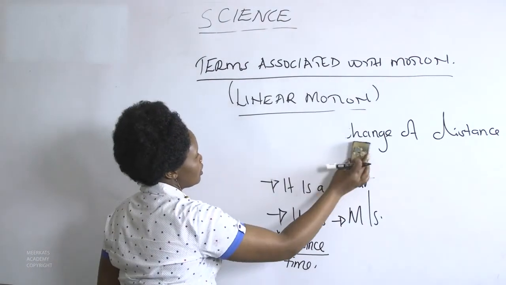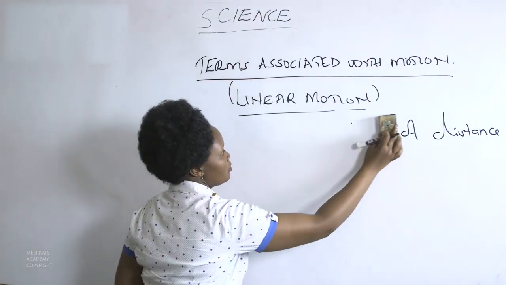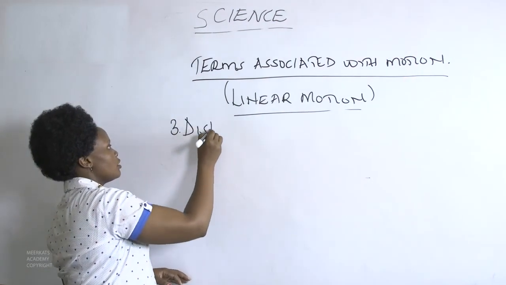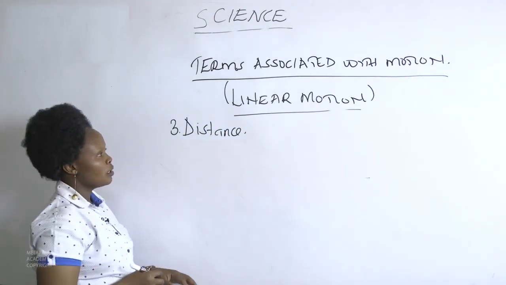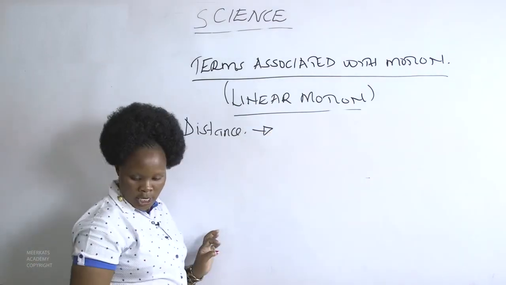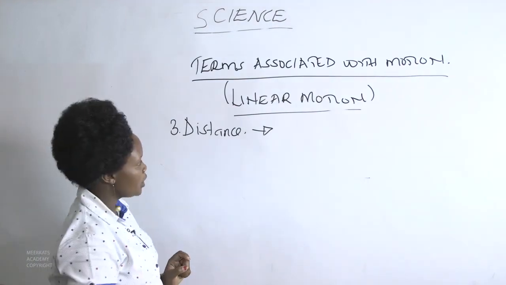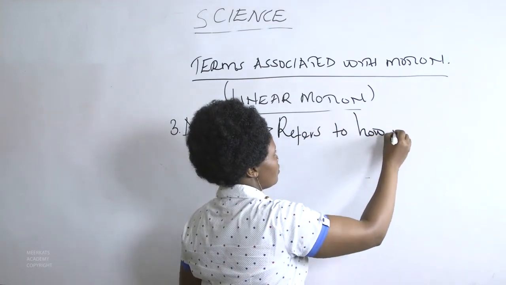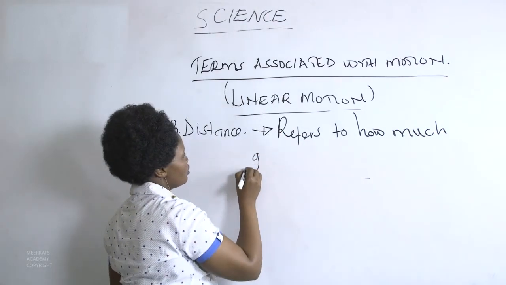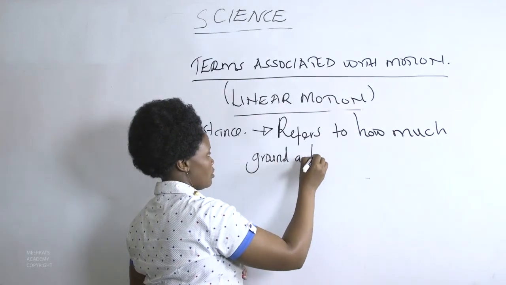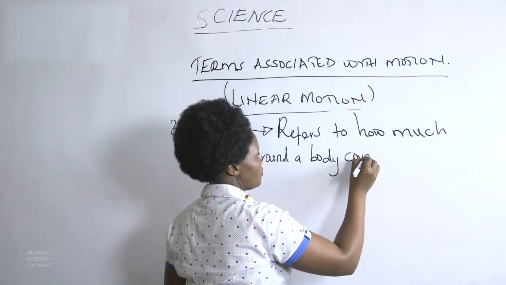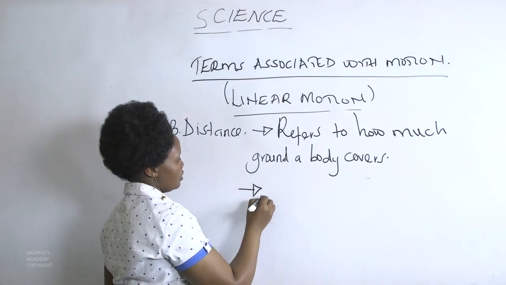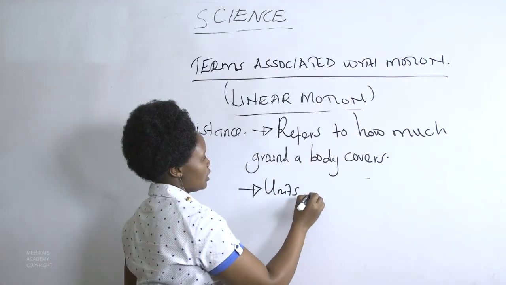Now, there is yet another term, number 3, which we are going to call distance. Distance refers to how much ground a body covers, and the units again are meters.